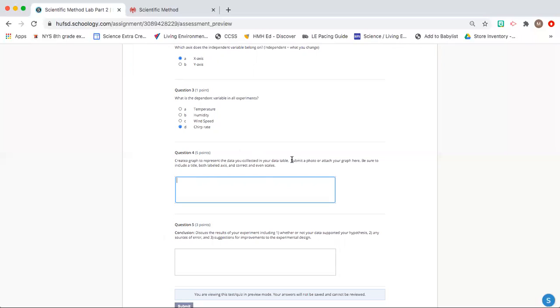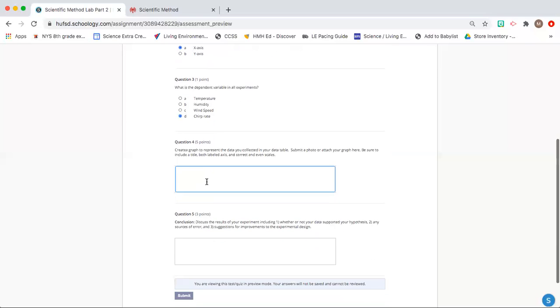Make sure that your graph has a title. Make sure that it has both labeled axes. So on the bottom, you'll have your independent variable. On the side, you will have your dependent variable.